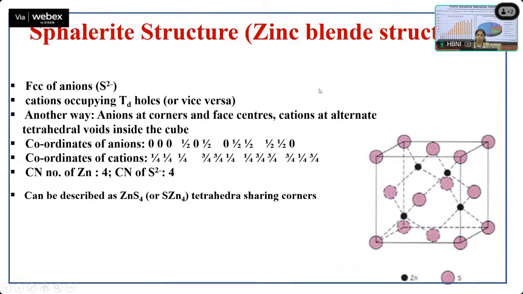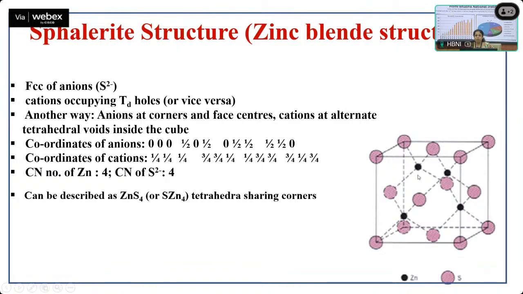Coordinates of cation now. Let us talk of the octant. So 1/4, 1/4, 1/4 is this position. Then the Z coordinate remains the same, 1/4, but the X coordinate now is 3/4, 3/4, 3/4.